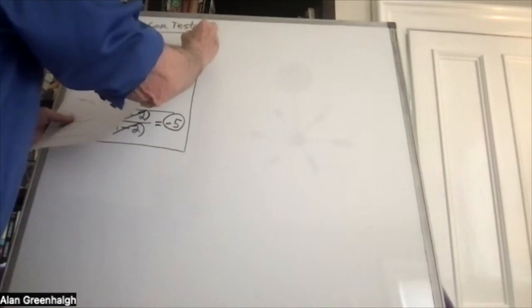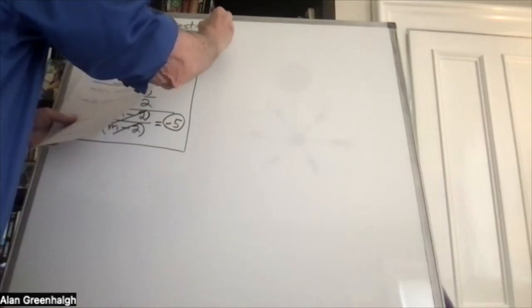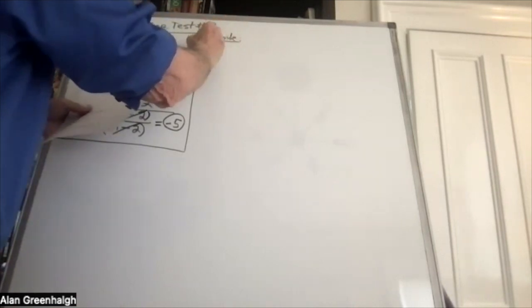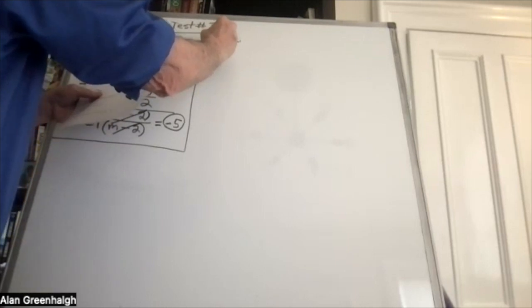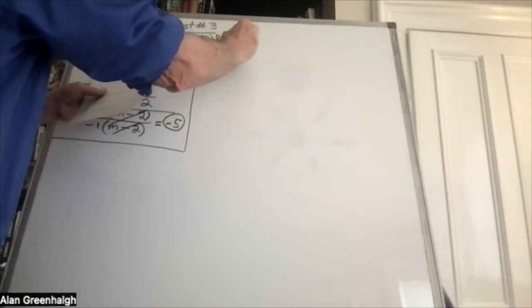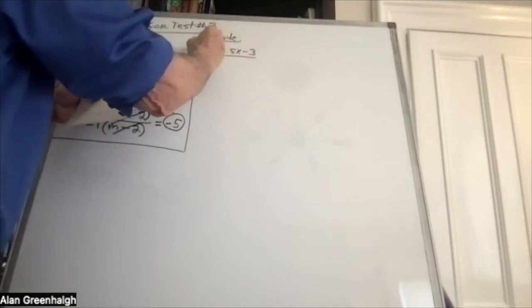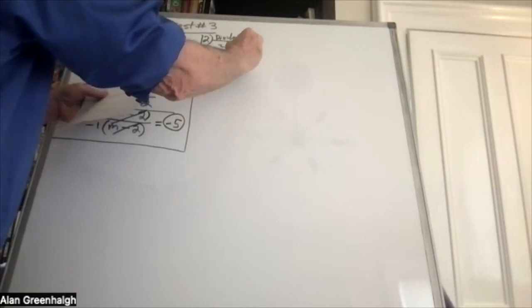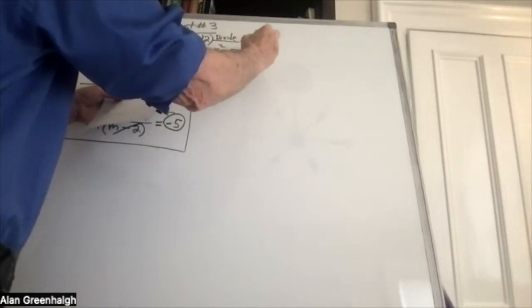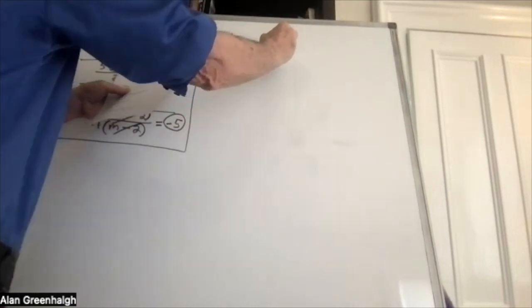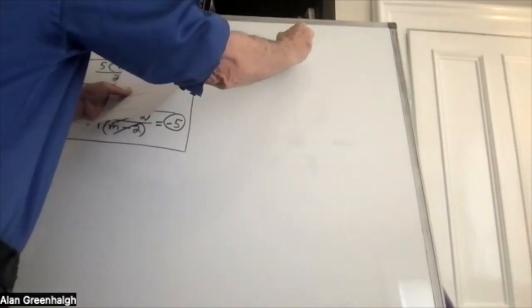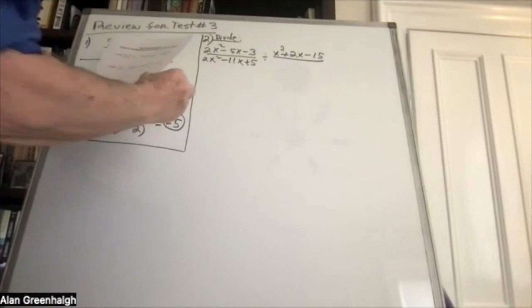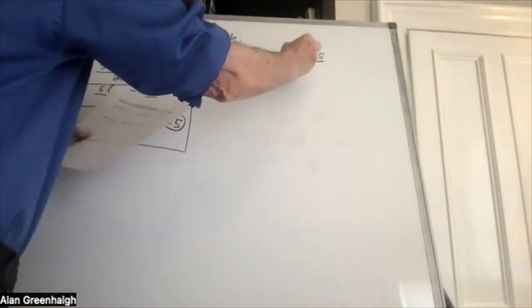Problem 2. Problem 2, the instructions are to divide. And let me write out what we're doing here. It's 2x squared minus 5x minus 3 divided by 2x squared minus 11x plus 5, divided by x squared plus 2x minus 15 divided by x squared minus 25.